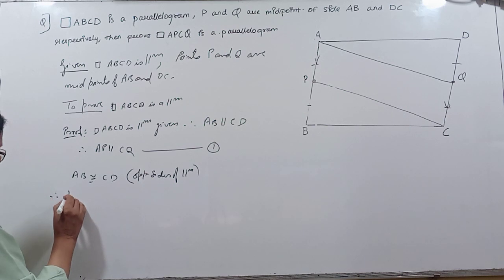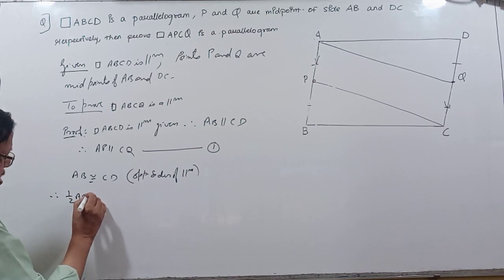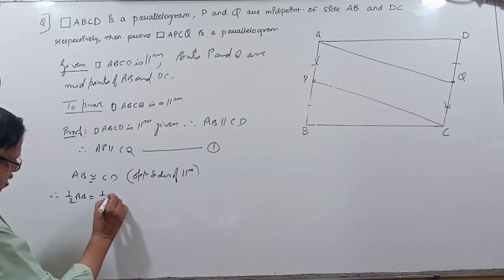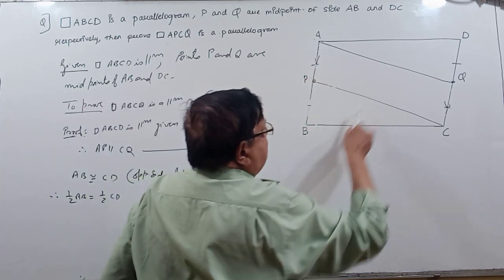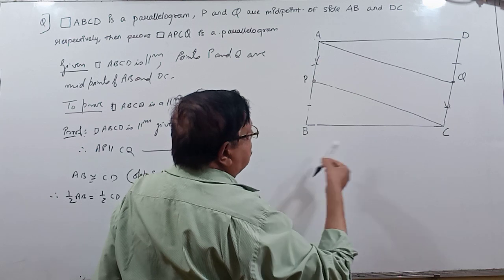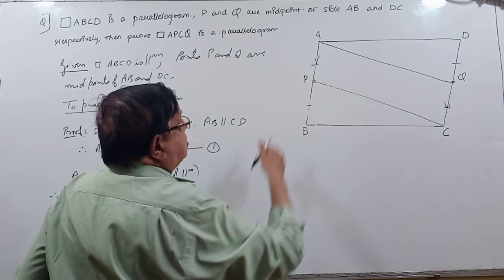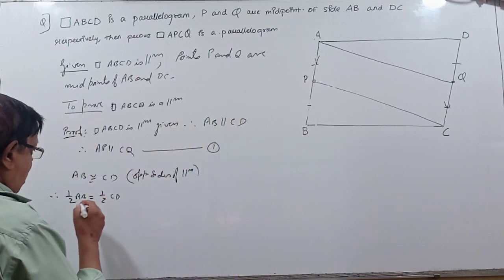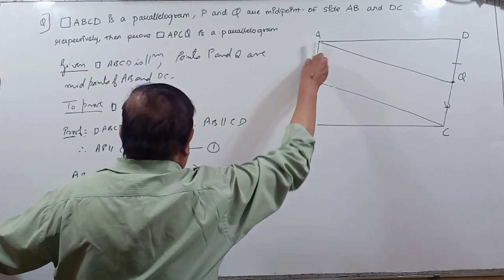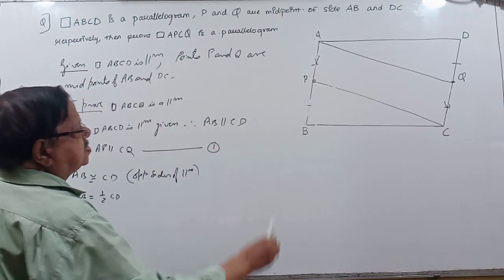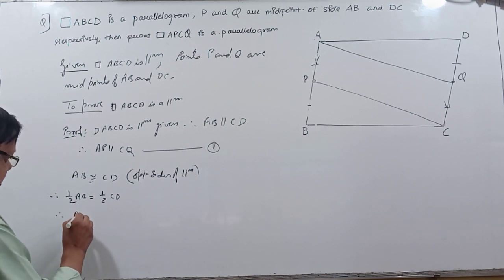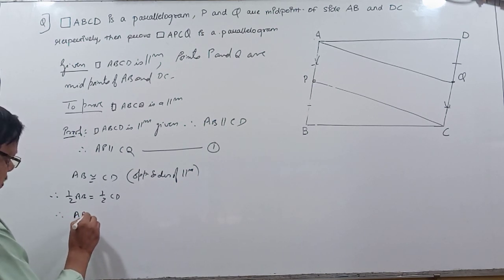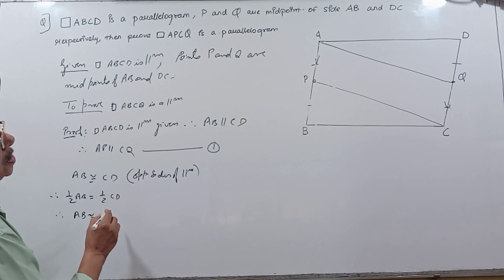Therefore, half AB equals half CD. If AB equals CD, half of AB equals half of CD. Half of AB is AP and half of CD is CQ. Therefore, AP congruent to CQ.